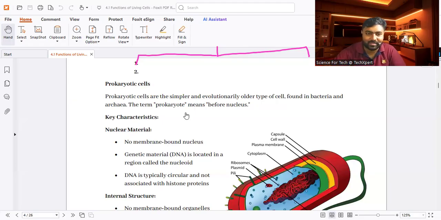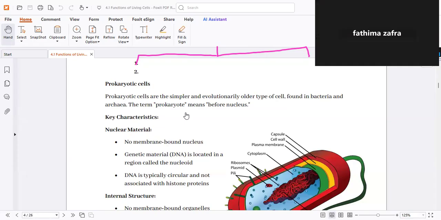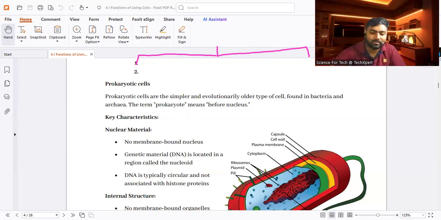It's called that in English. So is it domain? Yes, domain.